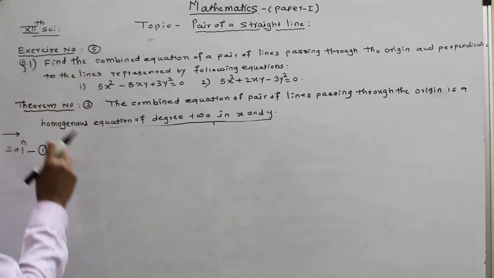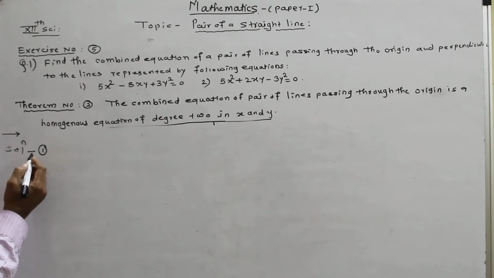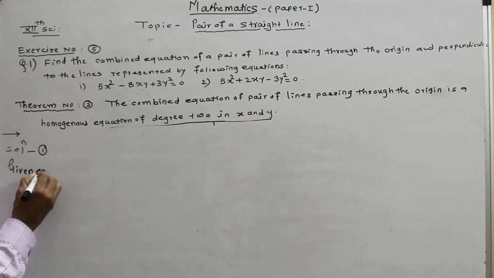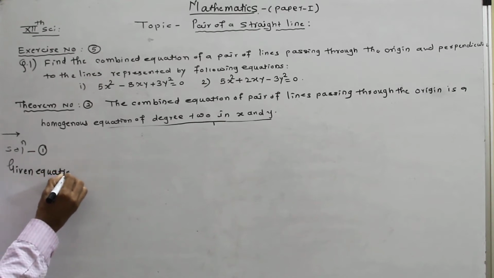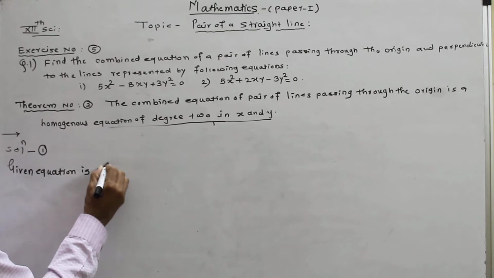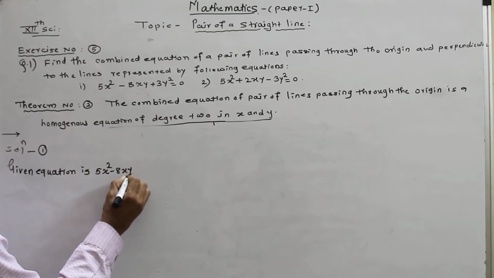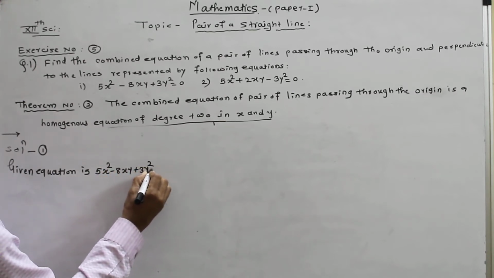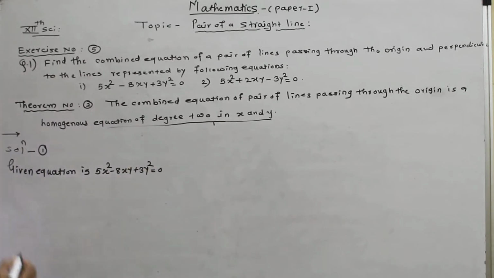Now let us consider question number 1, solution. The given equation is 5x square minus 8xy plus 3y square is equal to 0.